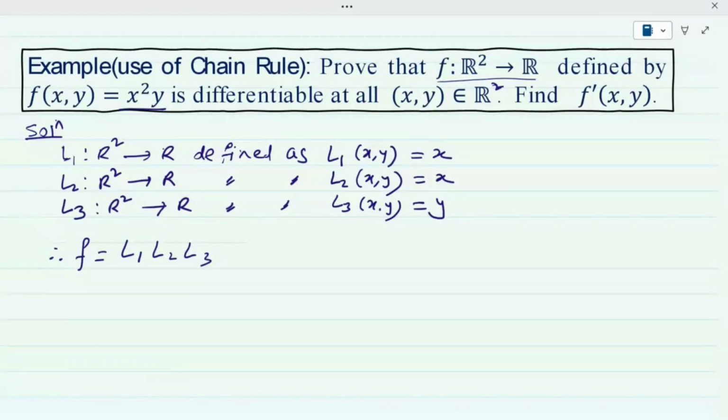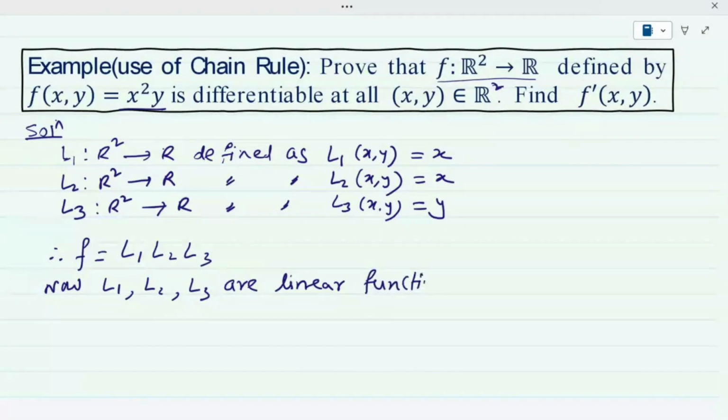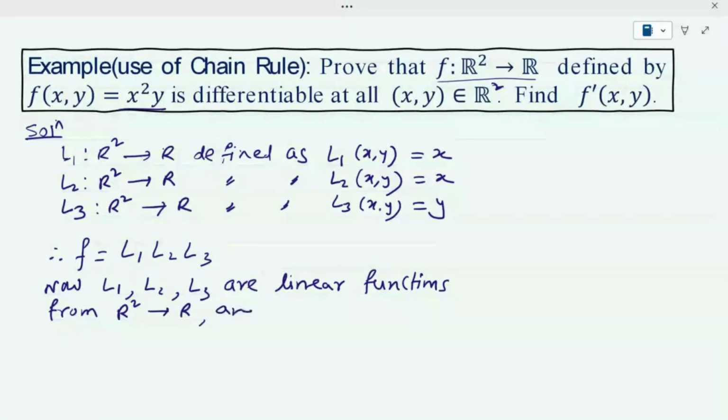So we are going to use the product rule to find the derivative of this function. Now L1, L2, L3 are linear functions from R2 to R, and they are differentiable.